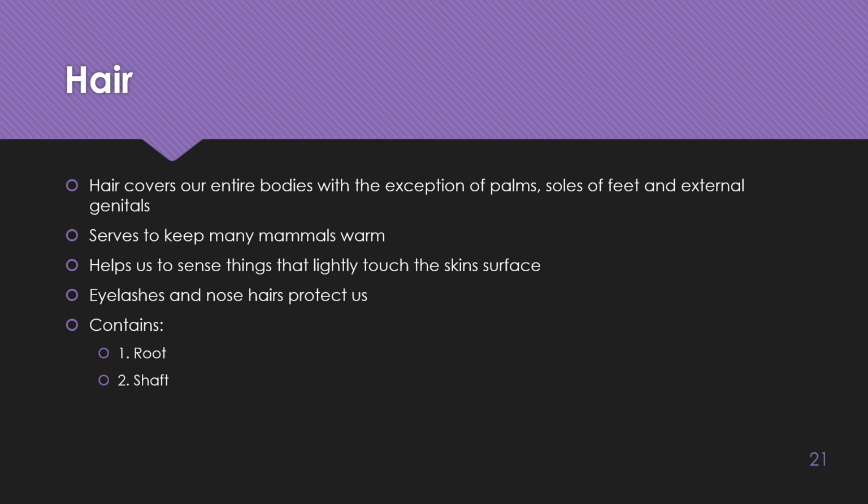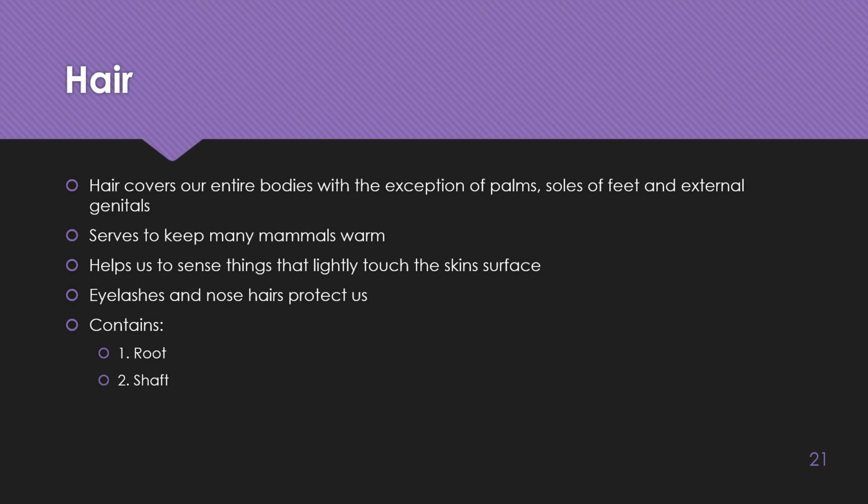Hair covers our entire body, with the exception of the palms and soles of our feet, and also our external genitals. This serves, in many situations, to keep mammals warm, and helps us to sense things that lightly touch the skin surface.